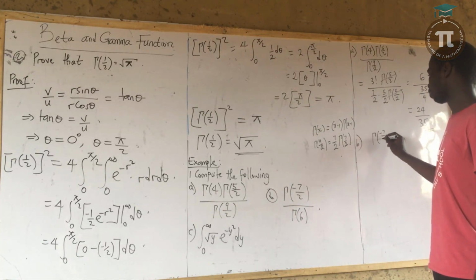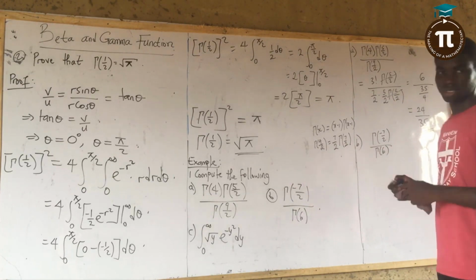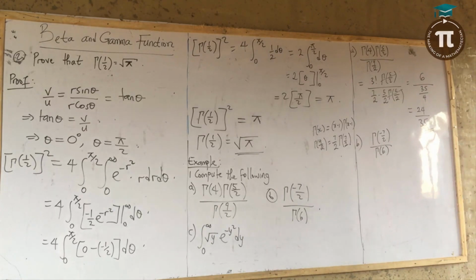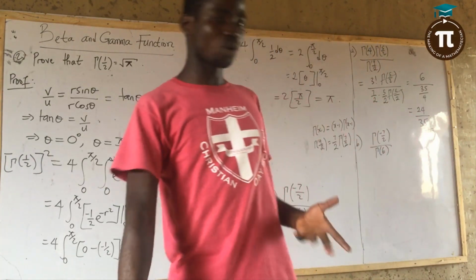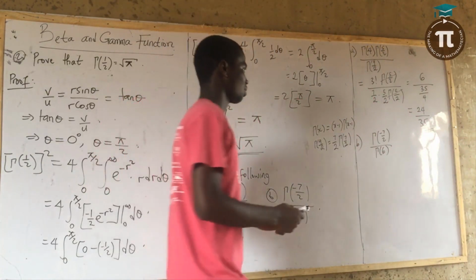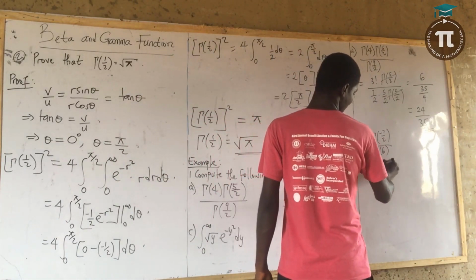For B, the second one, gamma of minus 7 over 2 divided by gamma of 6. Now we know what gamma of 1 over 2 is, square root of pi. Keep that.